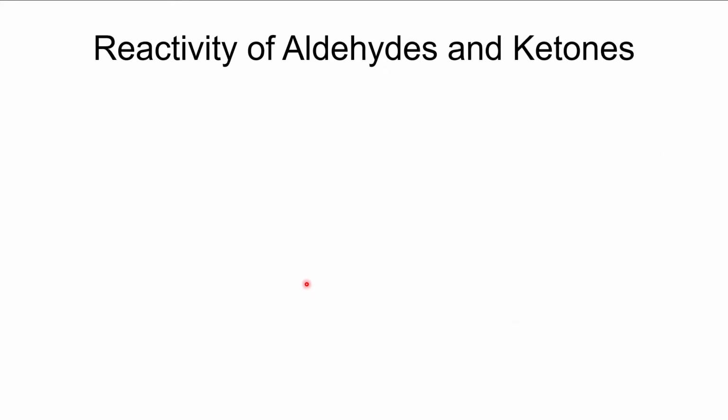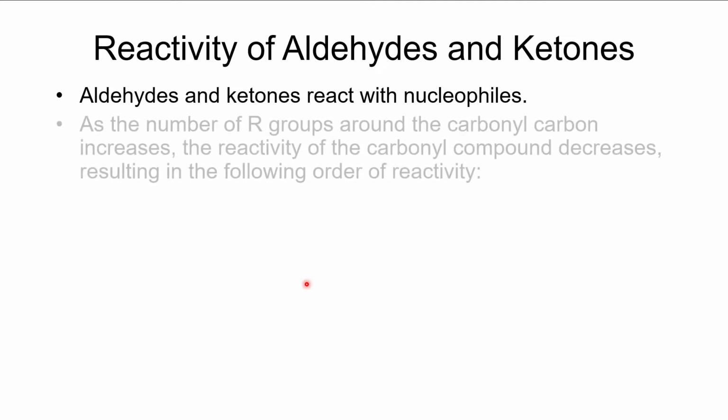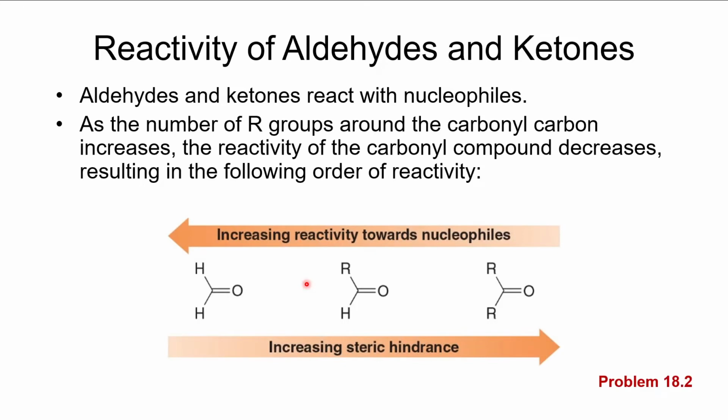When it comes to the reactivity of aldehydes and ketones, we'll find that they both are very good at reacting with nucleophiles. They both have a significant partial positive charge on the carbonyl carbon. However, there is a difference between the aldehydes and the ketones. Aldehydes, and we'll start with formaldehyde.